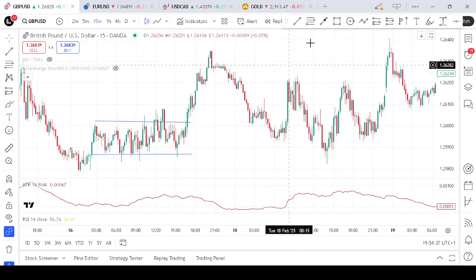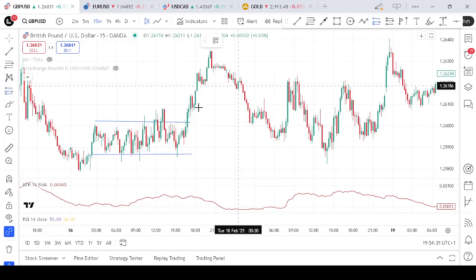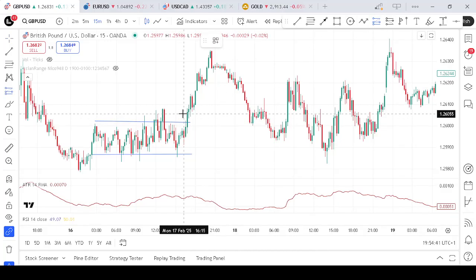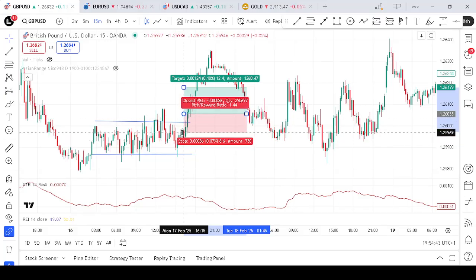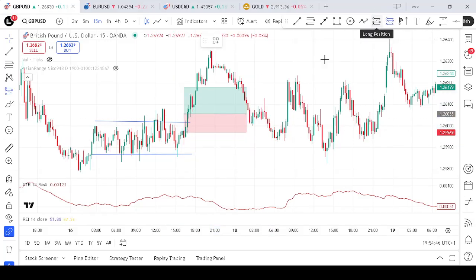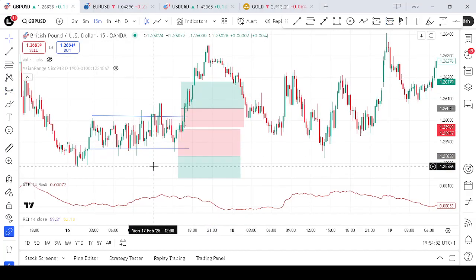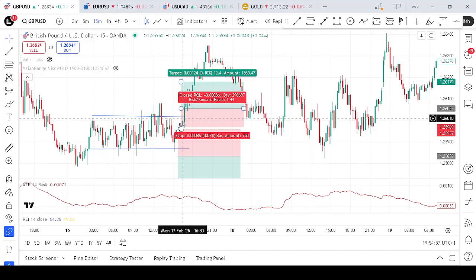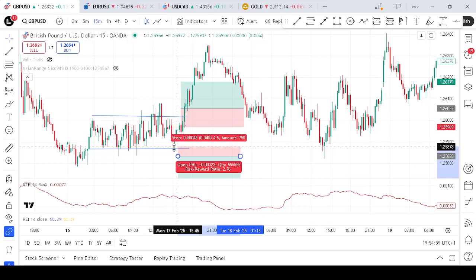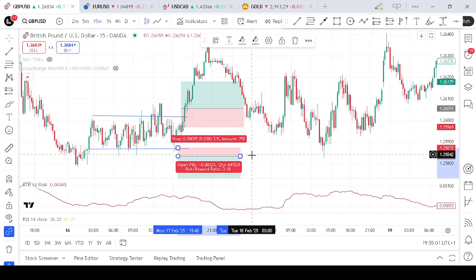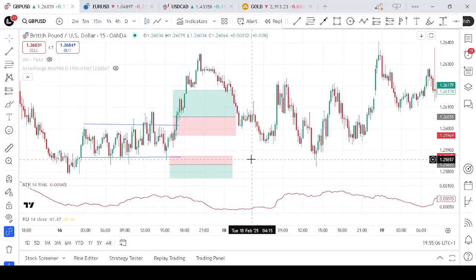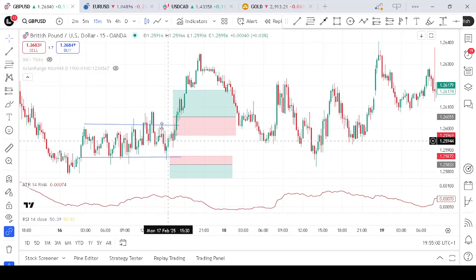You can place buying orders close to the support level while putting sell orders below the resistance level. The goal is to profit from predicting price movements as they move back and forth within the range.